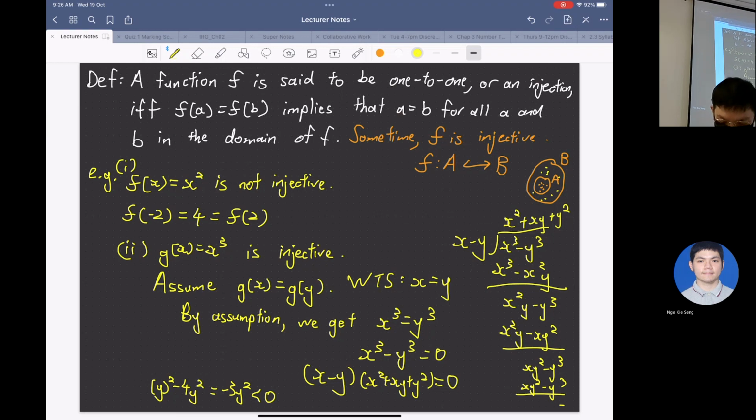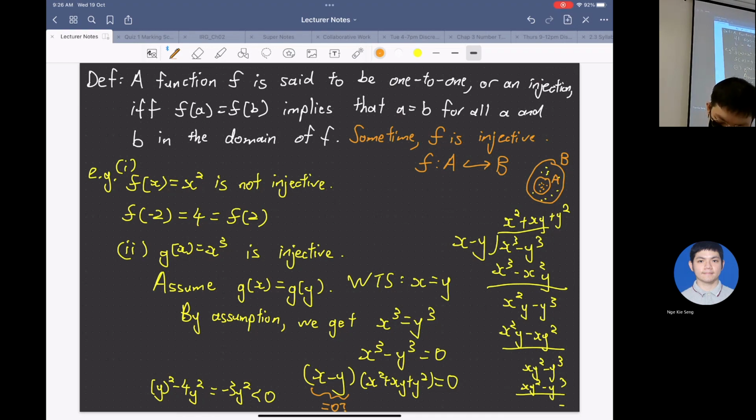So does this imply that this part has to be 0? This discriminant is 0. So y is complex.